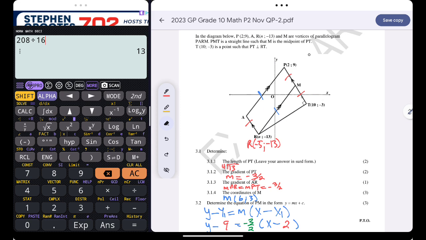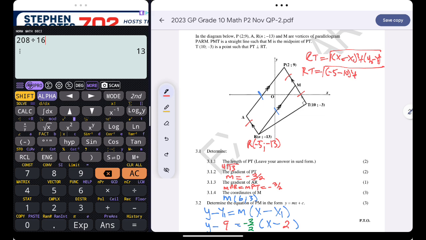How can I do that? I can simply say RT is equal to the square root of x2 minus x1 all squared plus y2 minus y1 all squared. Then RT is equal to negative 5 minus 10 all squared.